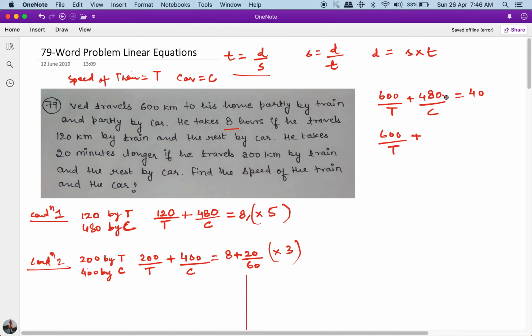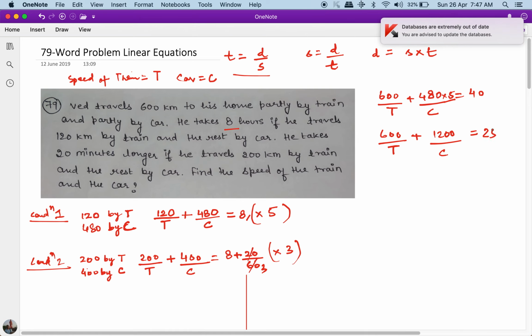So this will be 480 into 5, and this will be 400 into 3, so this will be 1200 upon c is equal to, now 8 plus 20 by 60 is 25 by 3, and 25 by 3 multiplied by 3 is 25, so I get 25 here.